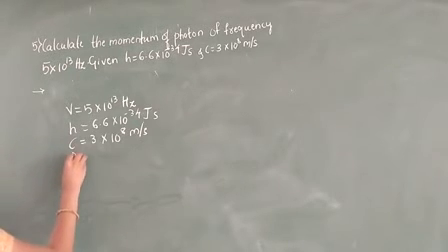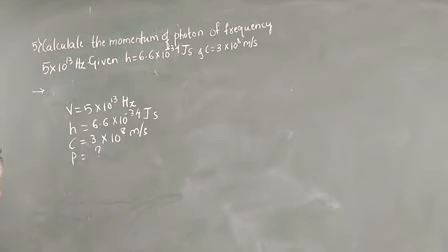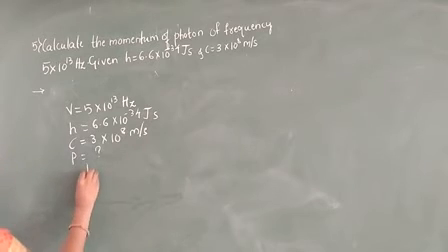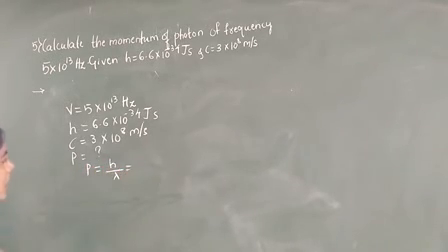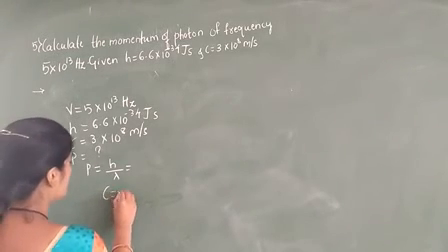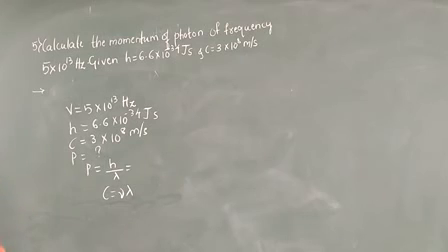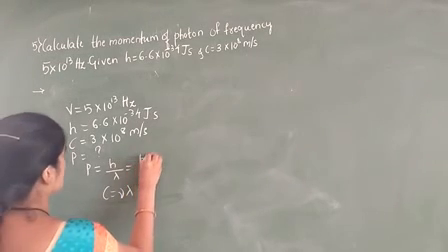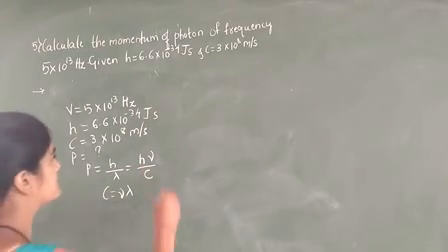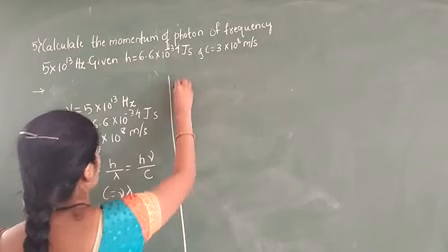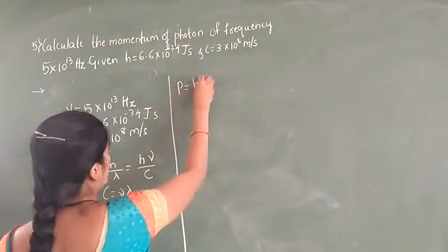P is equal to question mark. Now the formula for the momentum p is equal to h by lambda. We know that c is equal to v into lambda. Therefore, the momentum formula is p is equal to h v by c.